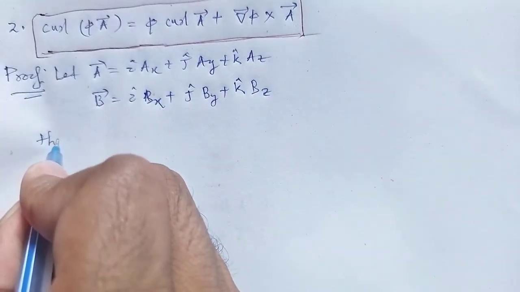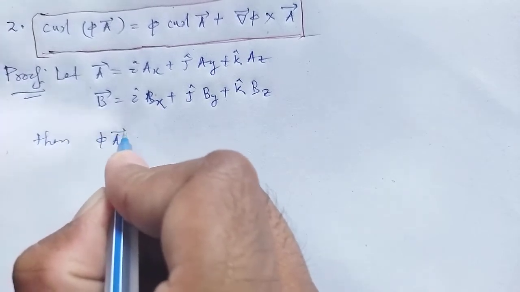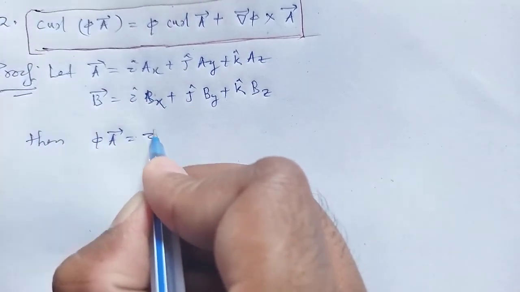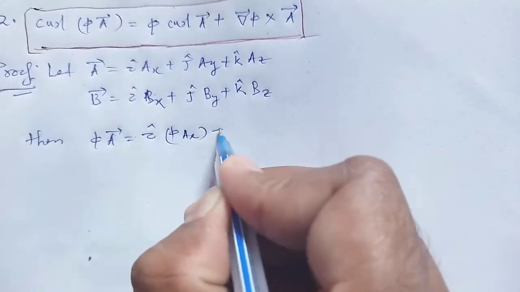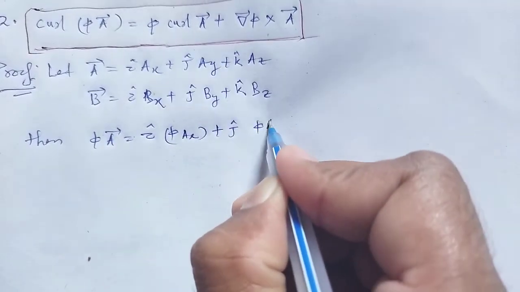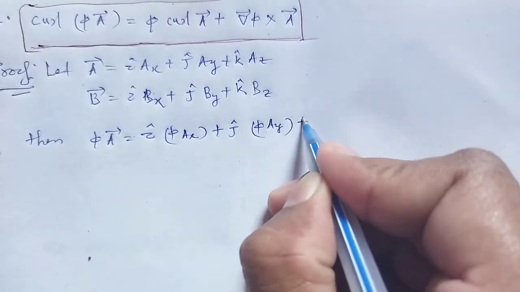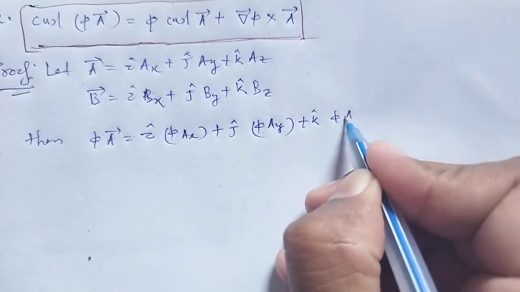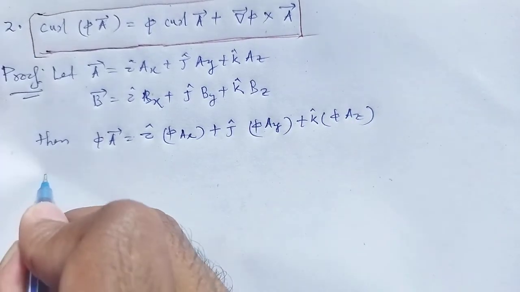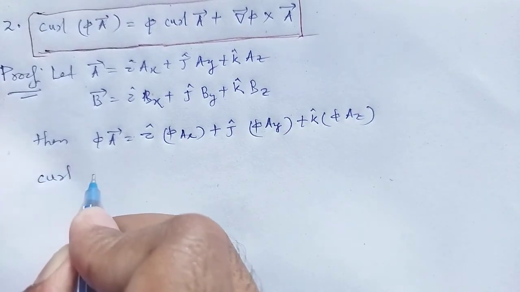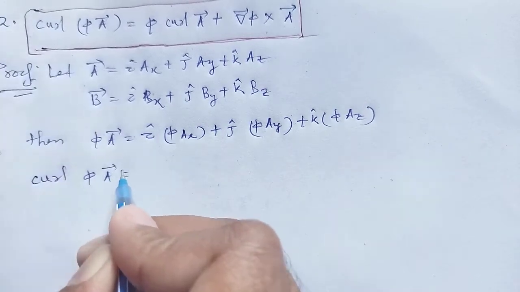Then phi times A vector is i cap phi Ax plus j cap phi Ay plus k cap phi Az, and we find the curl of phi times A vector.